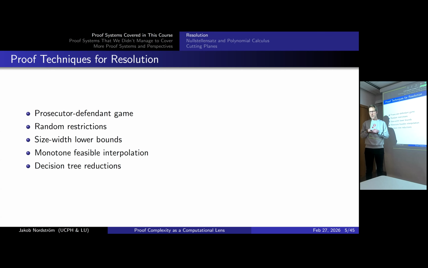But you can do decision tree reductions for resolution. We didn't talk so much about it, but the analog for polynomial calculus, which we will get to, is low degree reductions. It's sometimes really helpful to be able to do these reductions between different properties, different formats. And I think this is something that we probably haven't done enough, that it's worth looking into more.